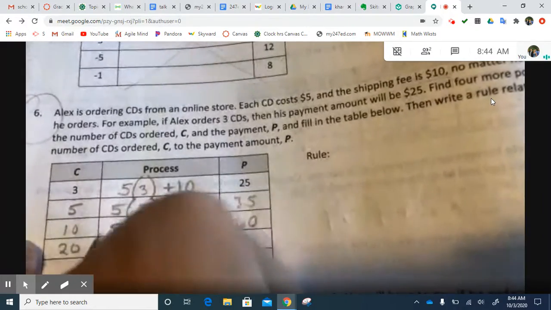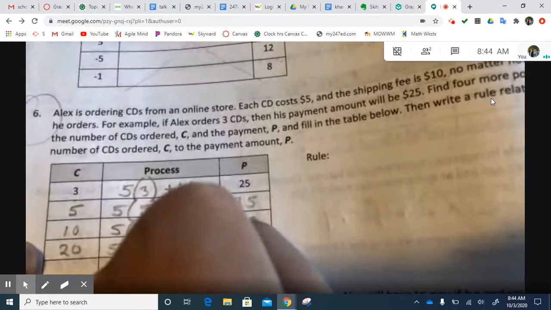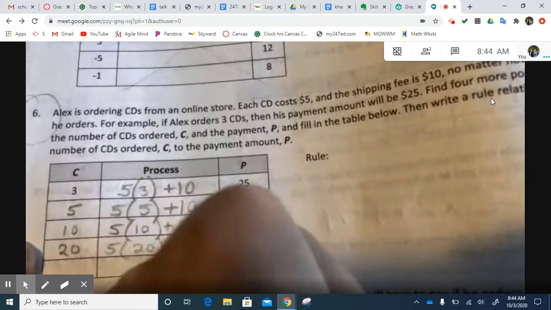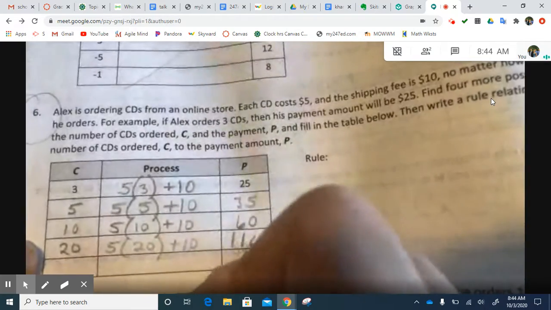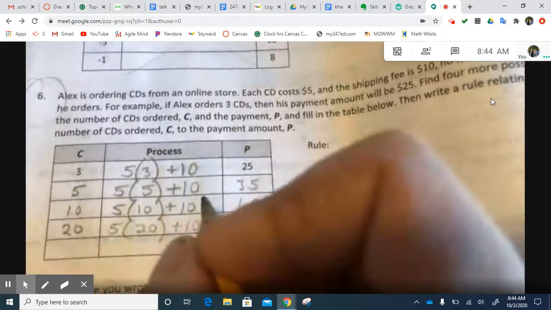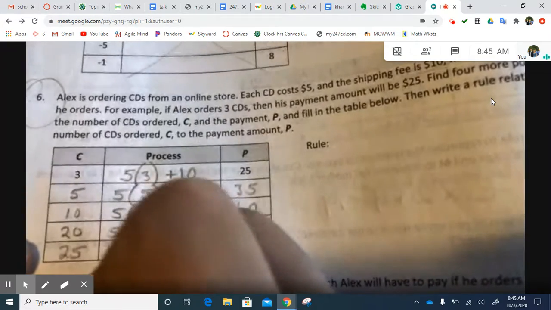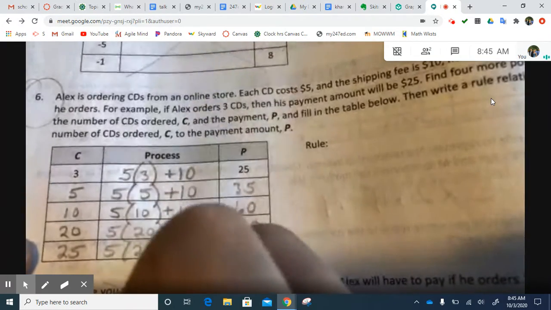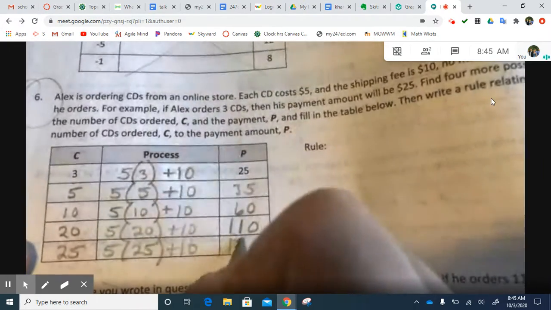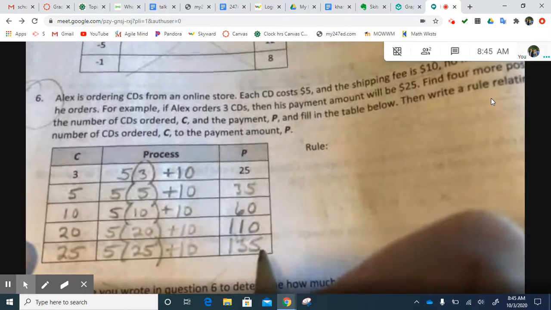So 20 CDs. 5 times 20 is 100, plus 10, 110. And do 25. 5 times 25 is 125, plus 10 is 135.